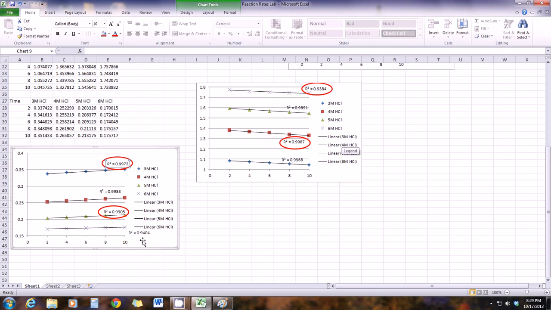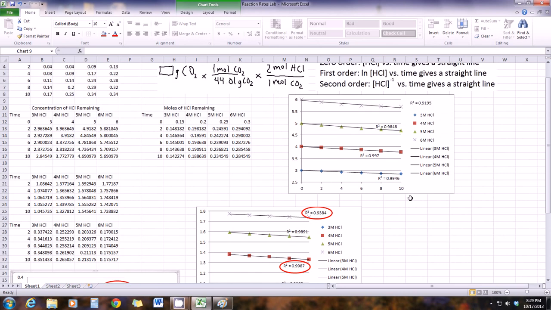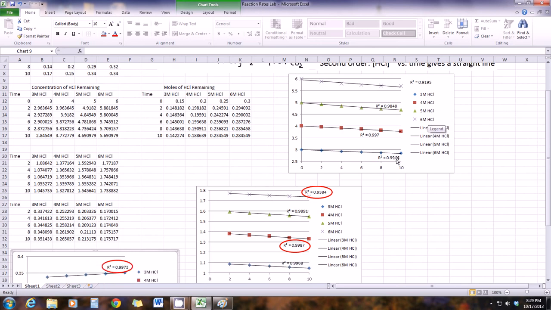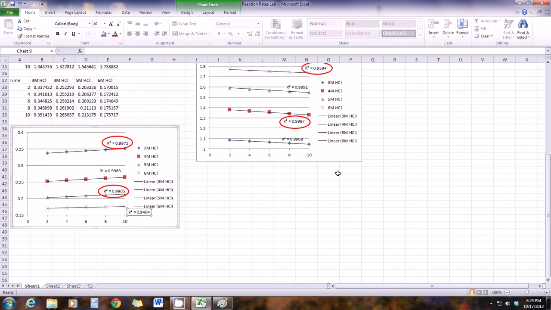Comparing all of the numbers. Actually, hold on. 6, I don't know why I circled that. Hold on. This is 0.9195.